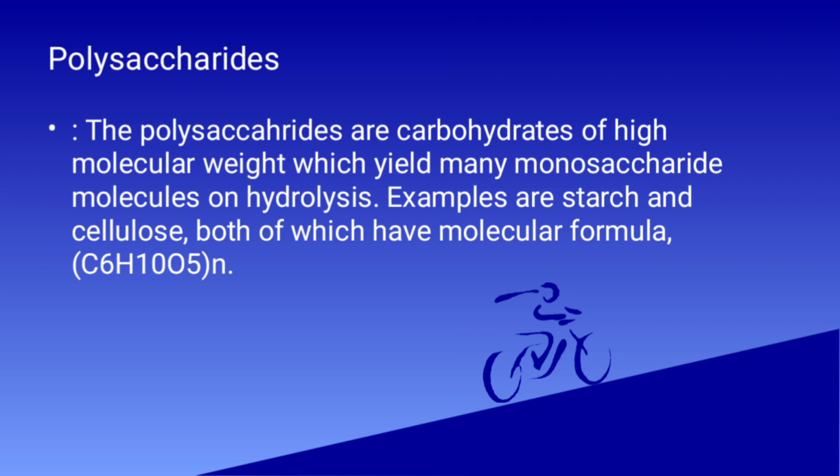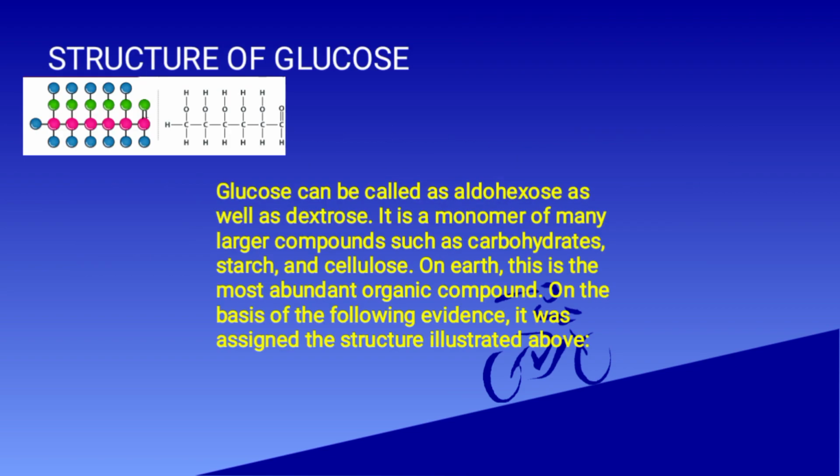Polysaccharides. The polysaccharides are carbohydrates of high molecular weight which yield many monosaccharide molecules on hydrolysis. Examples are starch and cellulose, both of which have molecular formula (C6H10O5)n. This is the structure of glucose.